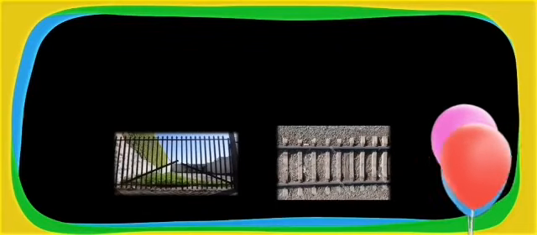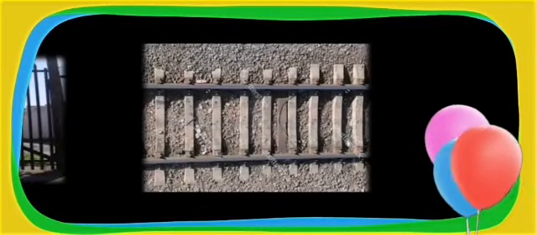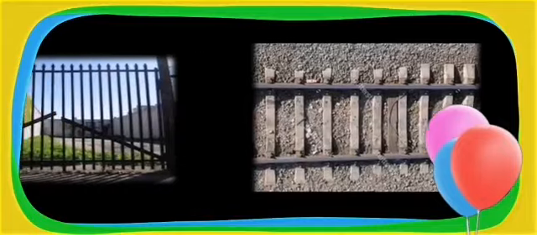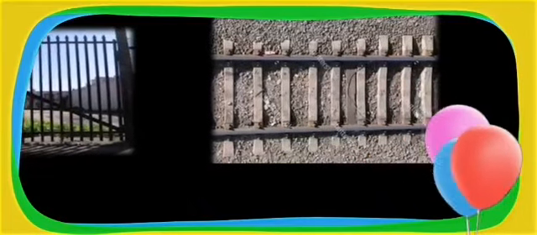And now this brings us to the next concept of basic geometry. Can you observe the diagrams presently on the screen? The first diagram is an iron compound, which has iron bars standing vertically, and the second diagram is about railway tracks.